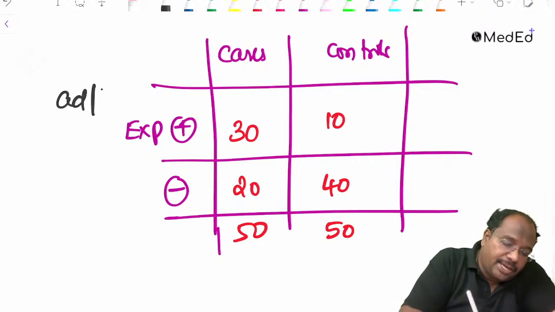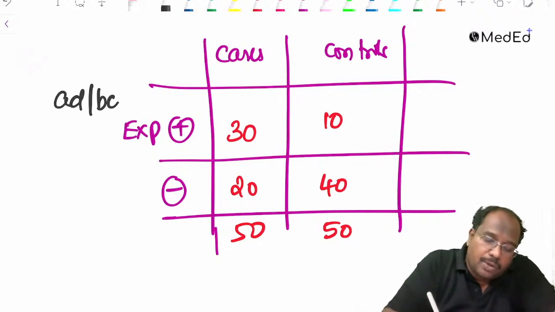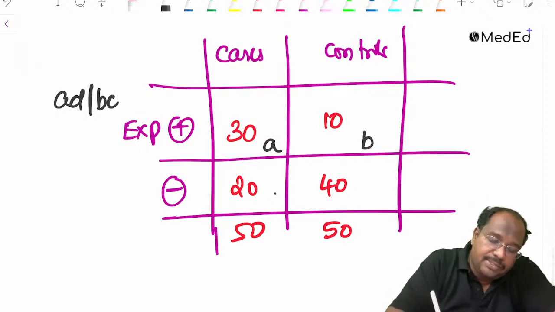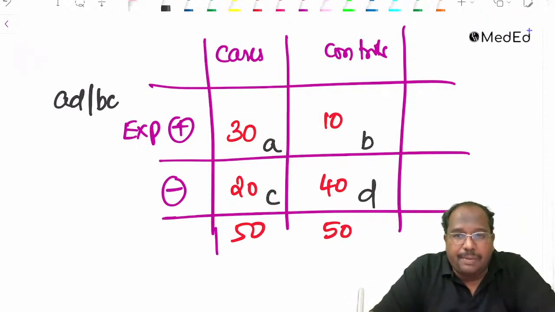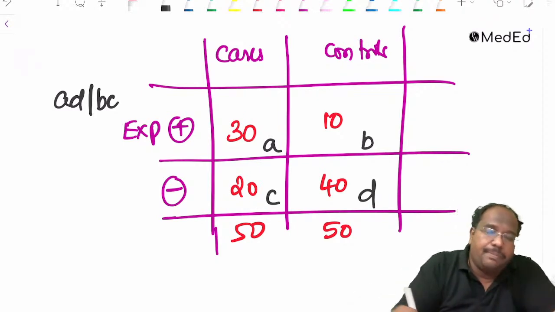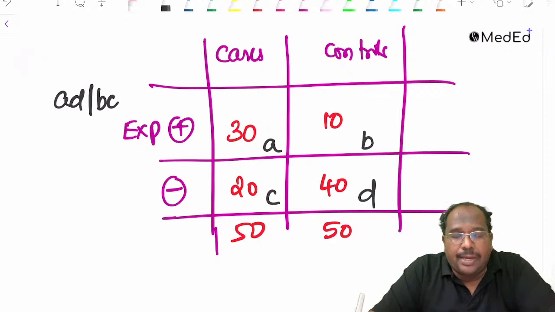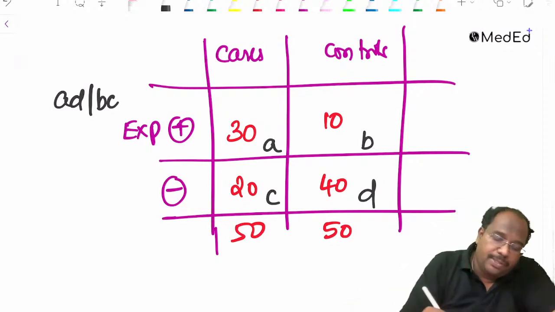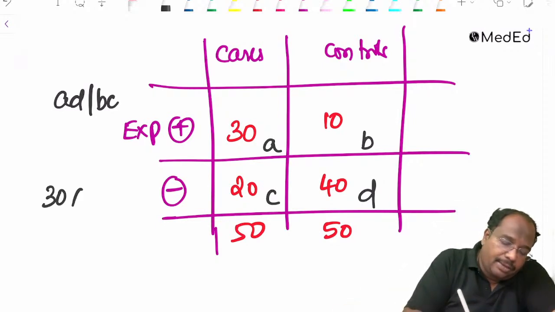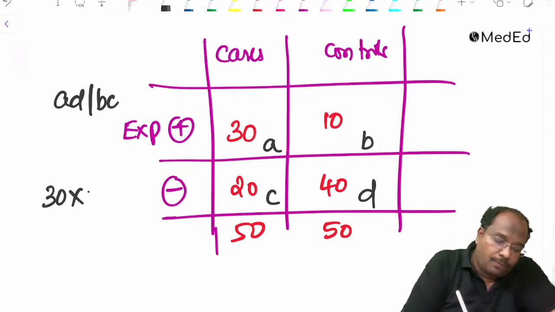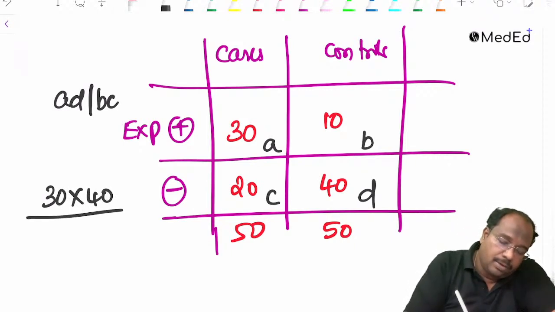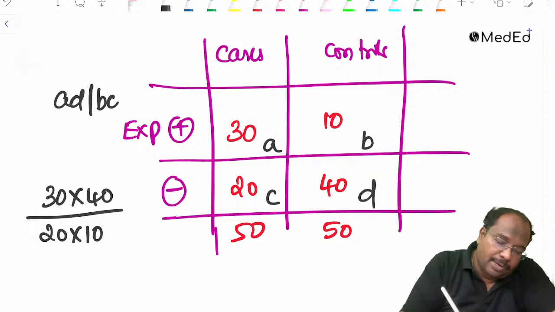AD by BC, where A, B, C and D are the cells. So what will be the answer? 30 multiplied by 40 divided by 20 multiplied by 10.